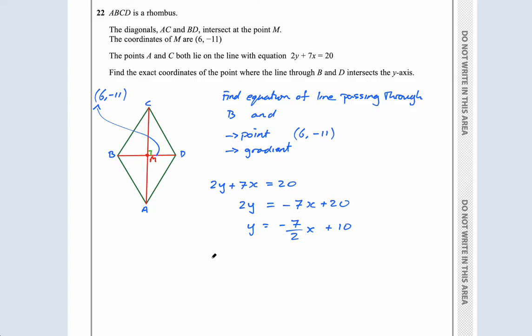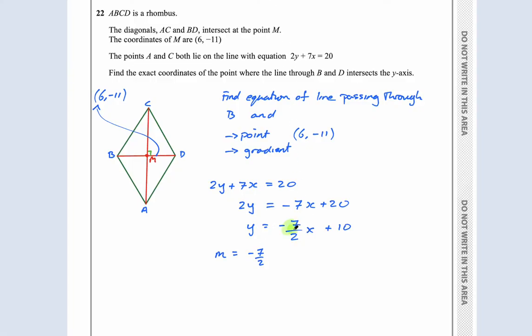Hence, the gradient m is equal to negative 7 over 2. That's my y equals mx plus c. There's my m. But that's the gradient of this line. The perpendicular gradient is the negative reciprocal. So I flip this upside down and I get 2 over 7. So this gradient here is 2 over 7.